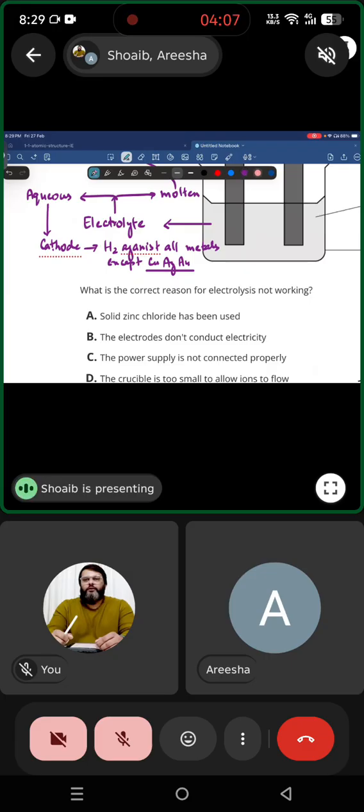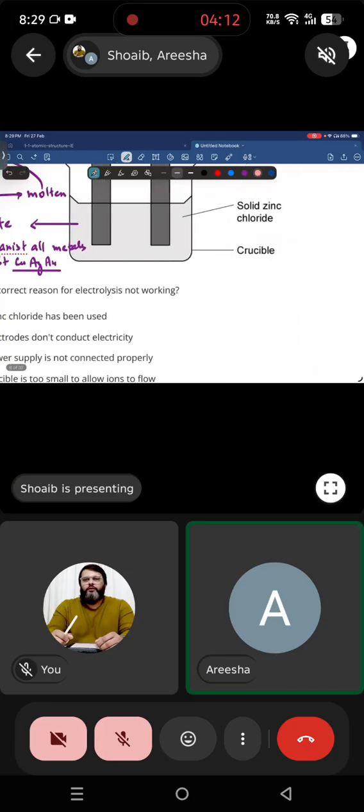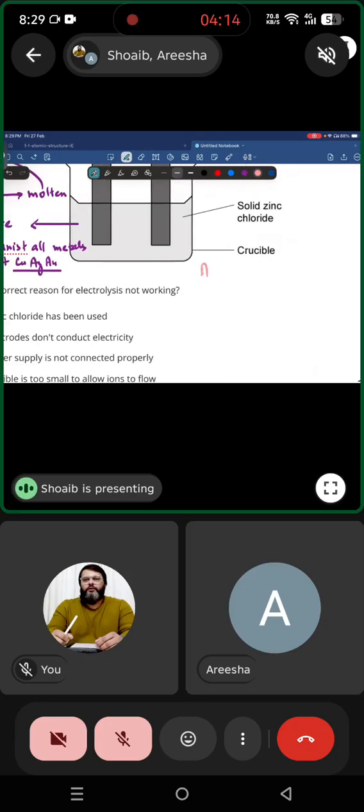Then for the anode, is there any question? On the anode side of the aqueous solution, there are two types of solution: one is concentrated, another is dilute. For the concentrated, chloride and bromide will always come out, and for the dilute, the hydroxide ion will come out.